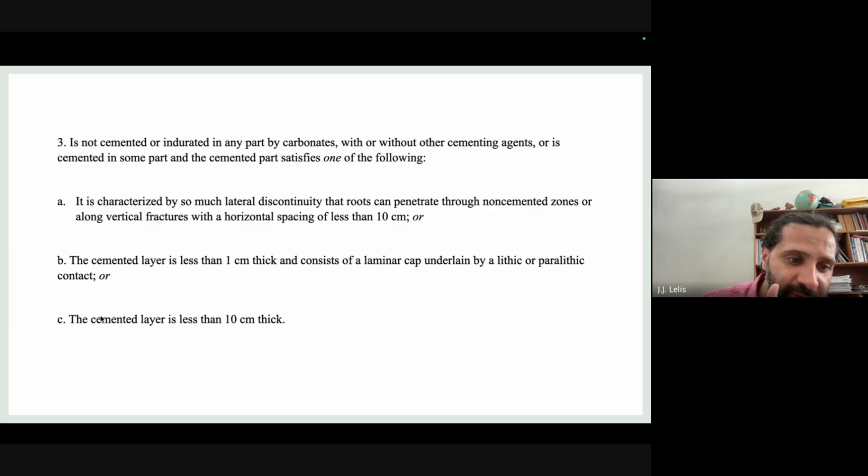I'm sorry, the cemented layer is less than 10 centimeters thick. So if you register cementation, it is not strong, the roots can easily penetrate it, and the thickness is quite thin, at least thinner than 10 centimeters, okay?